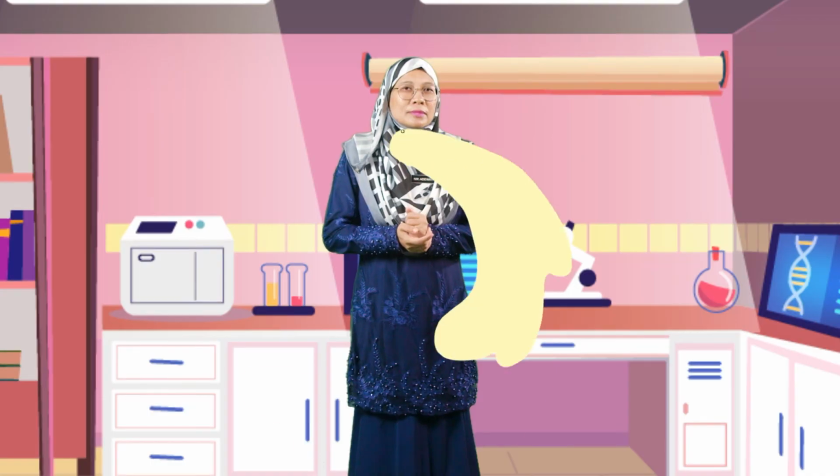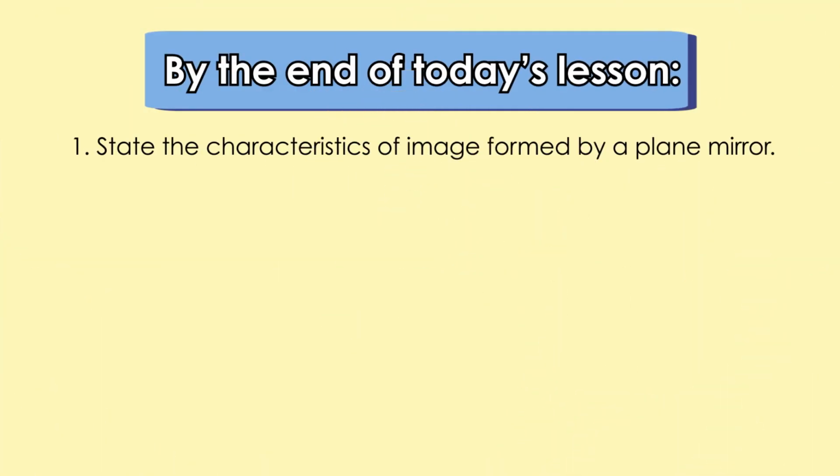Boys and girls, after today's lesson, you are able to state the characteristics of image form by a plane mirror and solve problems in daily life with the application of refraction of light.